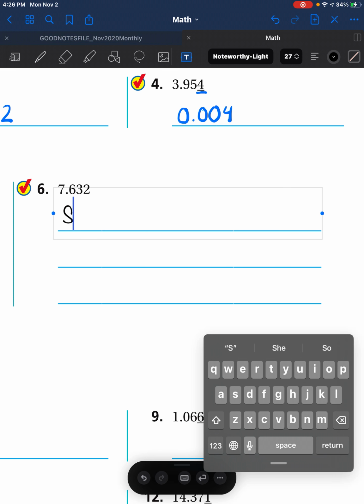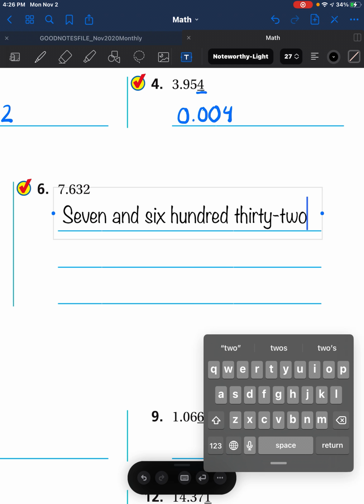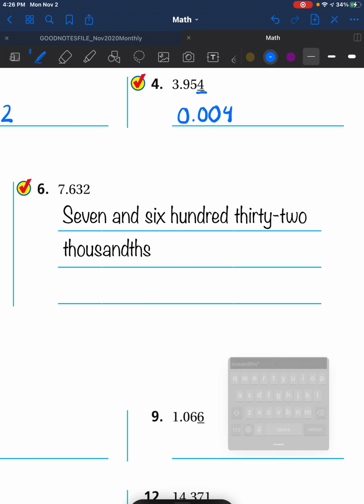This one would be 7 and, for the decimal, 632, and it ends in the third place after the decimal, so that is in the thousandths position. Okay? 7 and 632 thousandths.